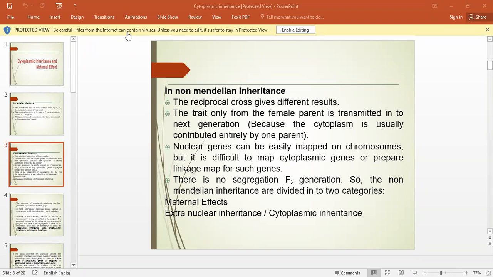Second, reciprocal crosses give different results. Third, extranuclear genes are not mapped as chromosomal gene mapping is done. And fourth, extranuclear inheritance is not affected by substituting the nucleus with a different genotype. These are the four important laws. You have to remember this.